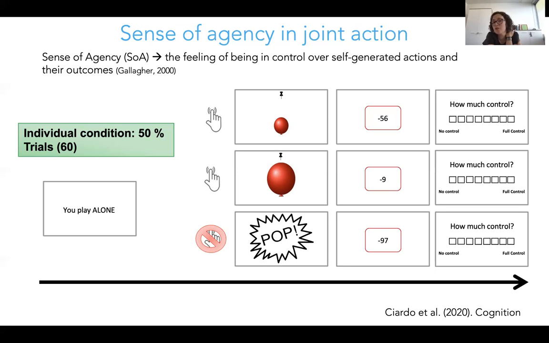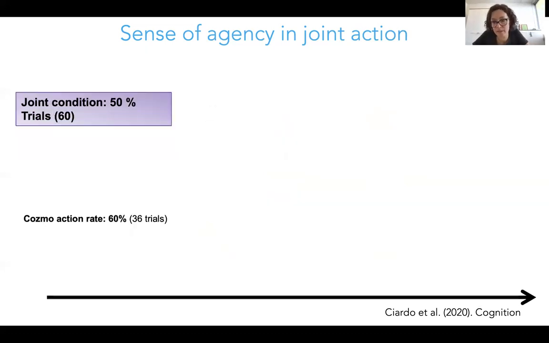And after each score, we ask participants, how much in control did you feel over your action, on a scale? That was the sense of agency part. Now you can play this alone, or you can play with another robot. This is a small Cosmo robot, a very simple commercial toy. Now either you can act or Cosmo can act.